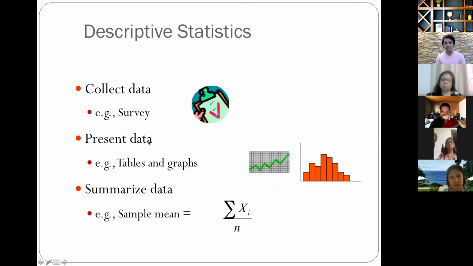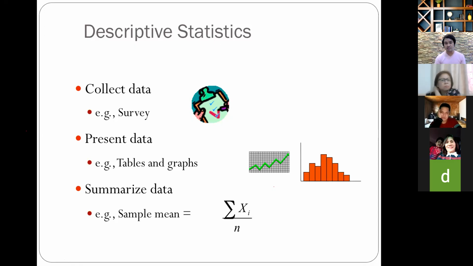Kaya nga, it is important that when you do a research, you will be guided by the questions, by the statement of the problem, by your objectives, no? Because these objectives, these questions will lead you to the collection of data. Ibig sabihin, kung ano lamang po yung tinatanong nyo sa research ninyo, yun lamang po yung kukolektahin ninyo, nothing more, nothing less. So that is one of the requirements in descriptive statistics.